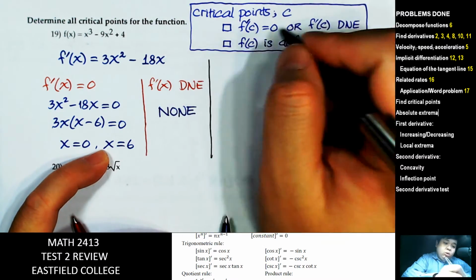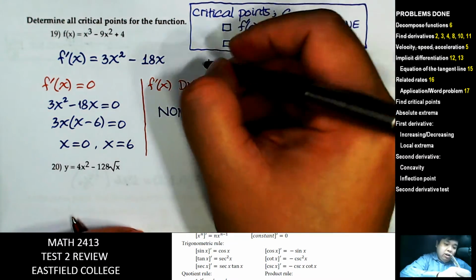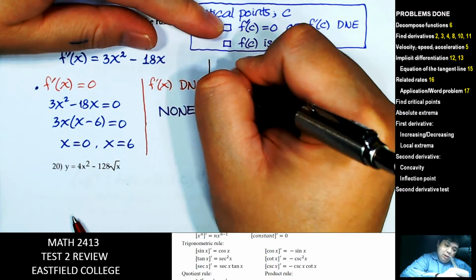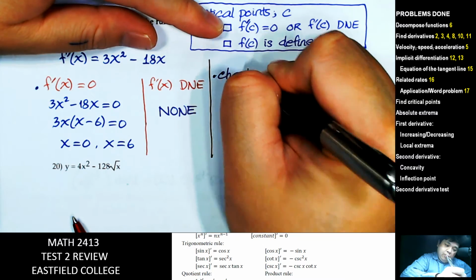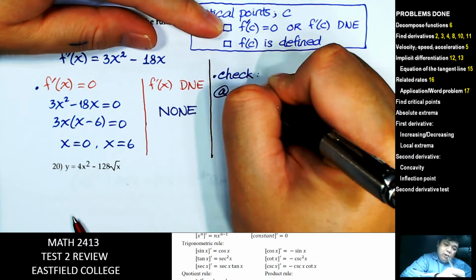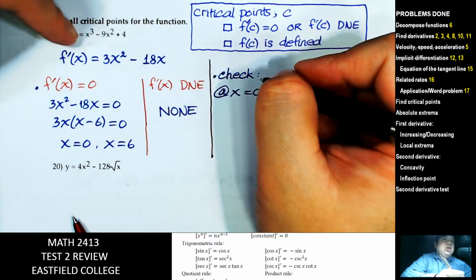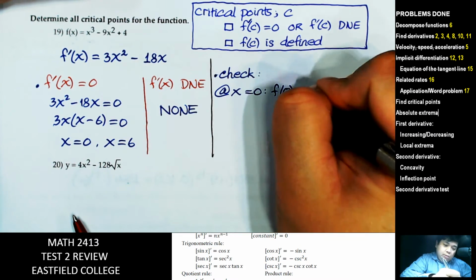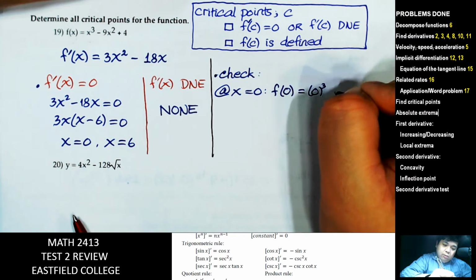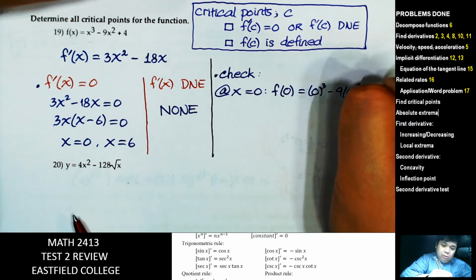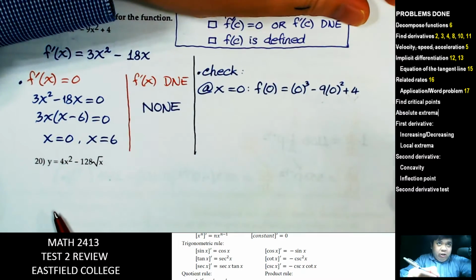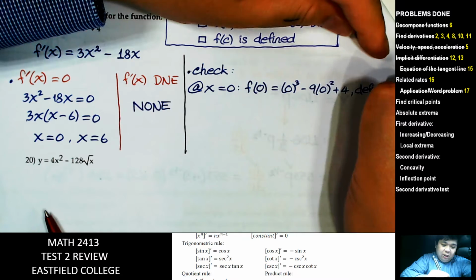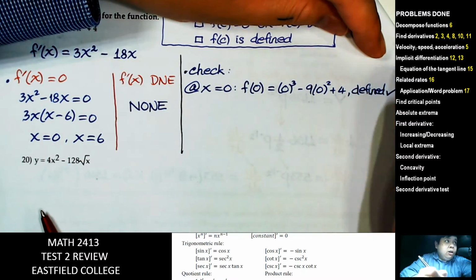Now we just need to make sure that the function is defined. So do a little check. At x equal to 0, if we put 0 in the original function, it is defined, and so we don't have to evaluate that, which is equal to 4, but just say it is defined, which is good.